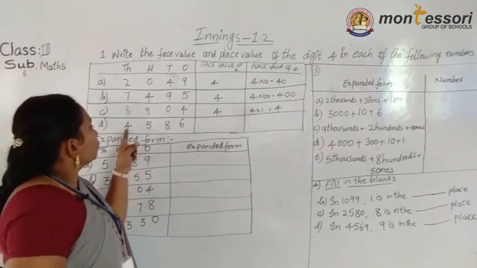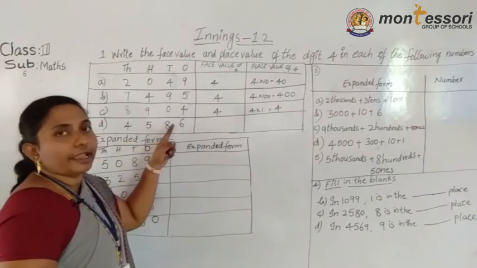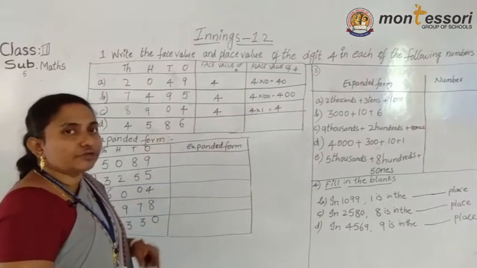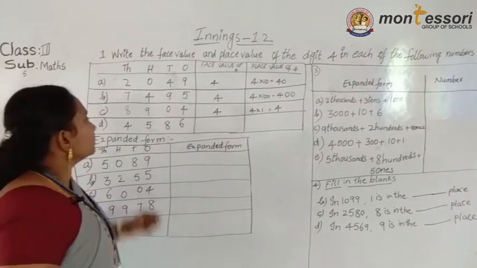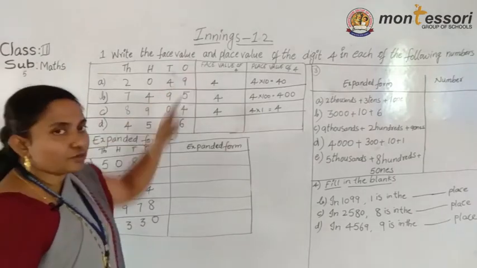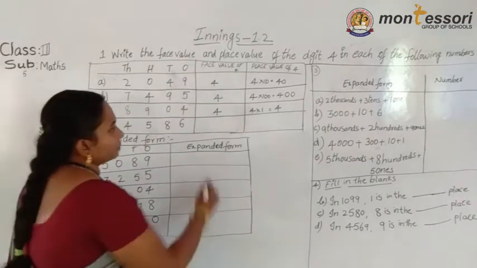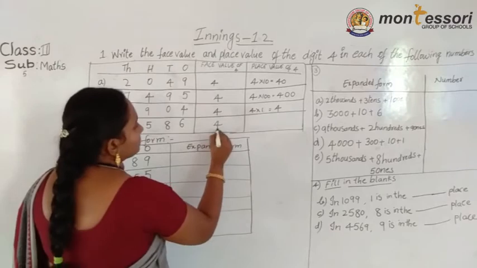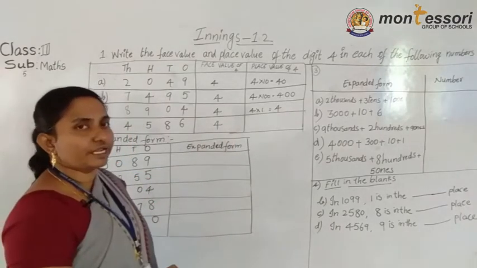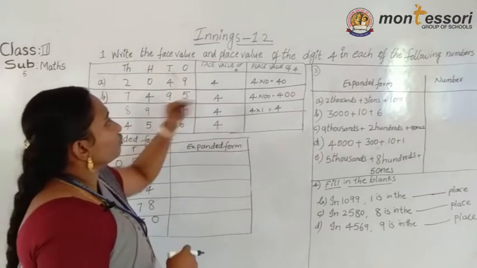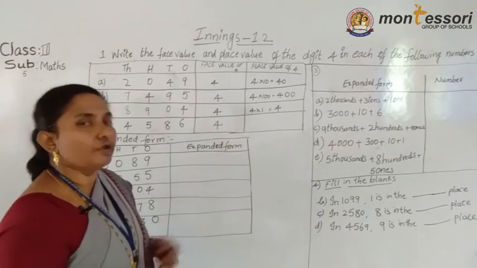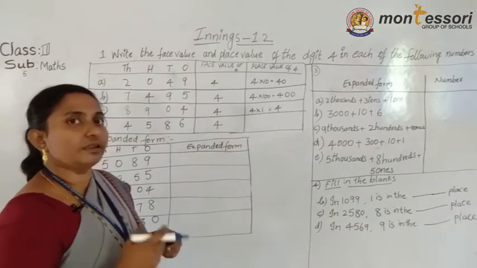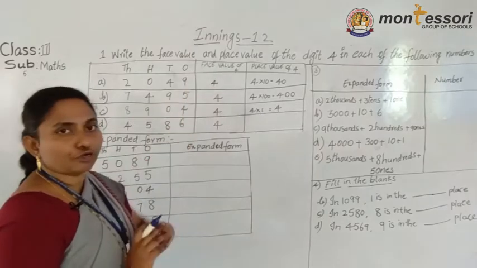Next one: 4586. Does the face value change? No, so I write 4 as it is. Whatever number, for example if they ask the face value of 8, it is 8 only. Face value of 9 is 9 only. Face value does not change at all.